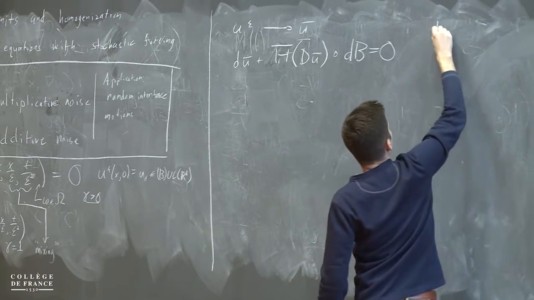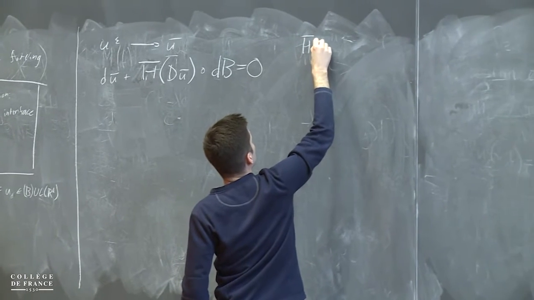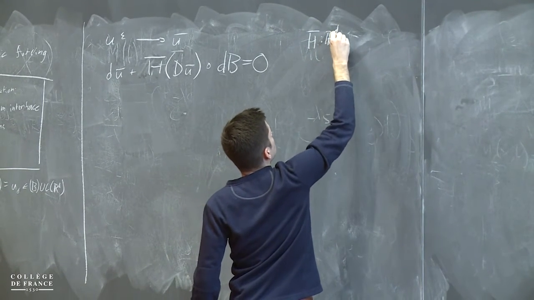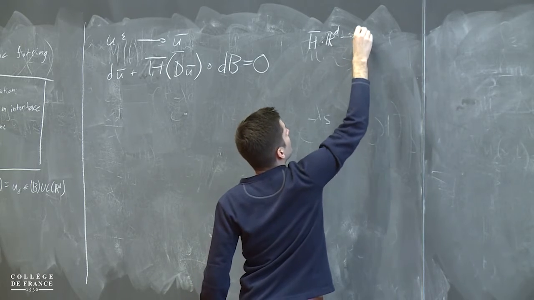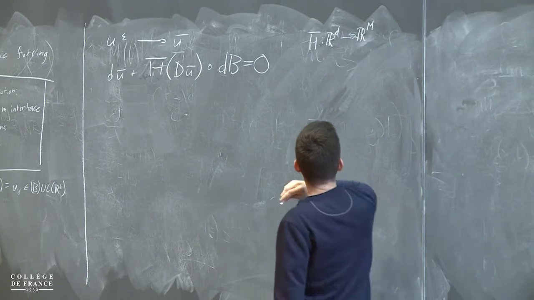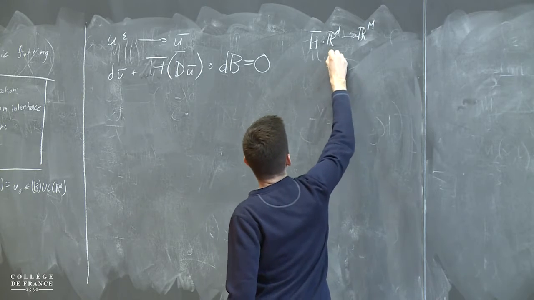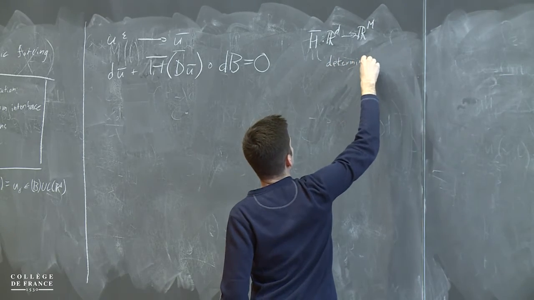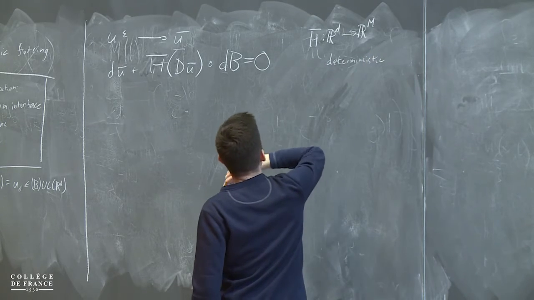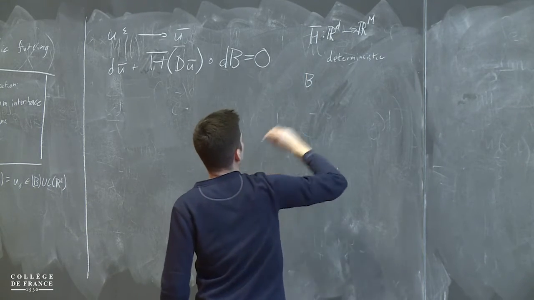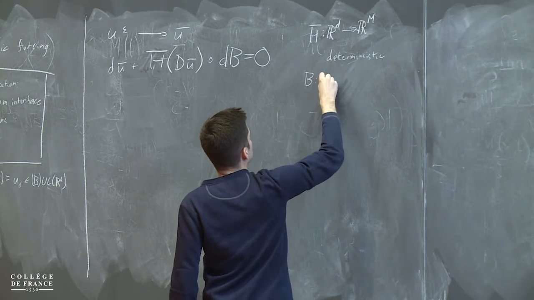Where h bar is, for some integer m, which we'll have to figure out what it is, some deterministic object and spatially homogeneous, and b is a Brownian motion. So this is really white noise here with the same dimension.